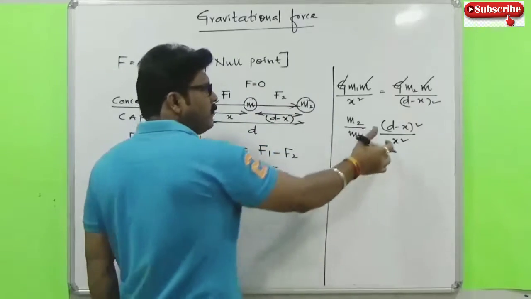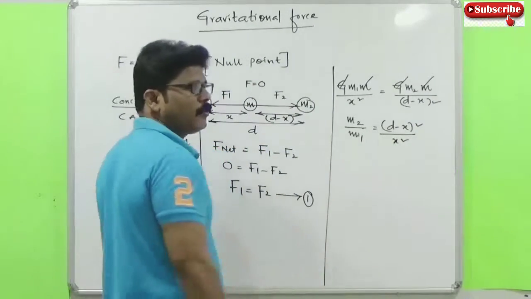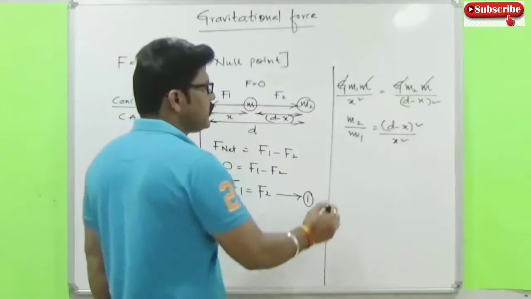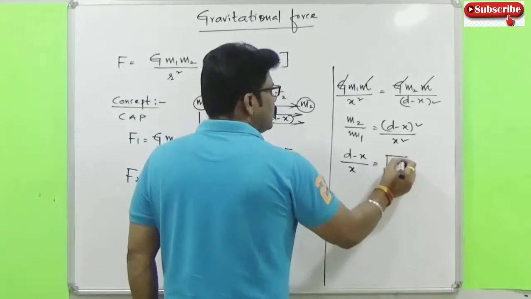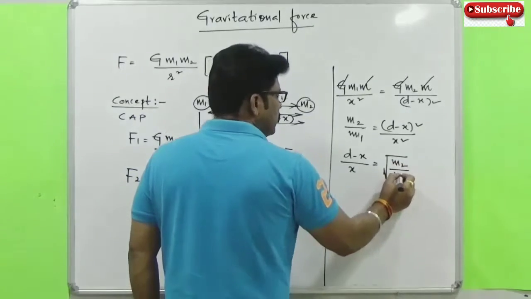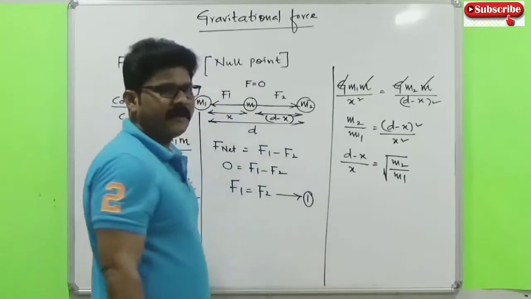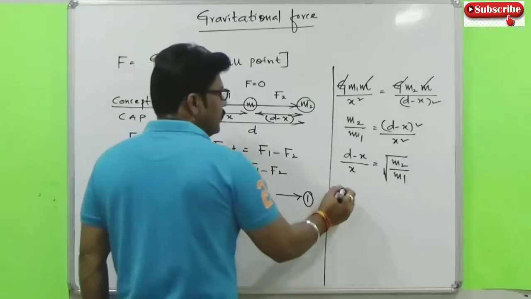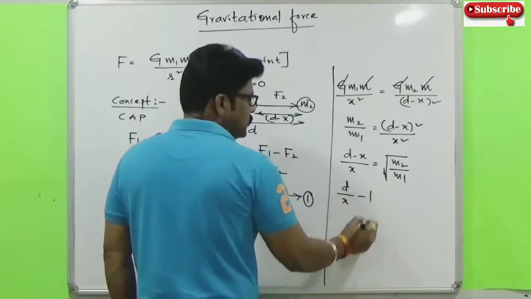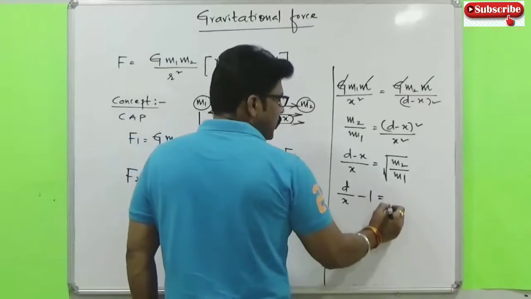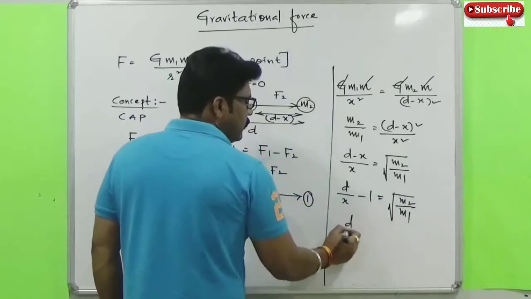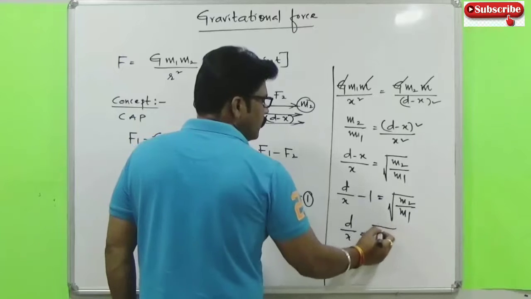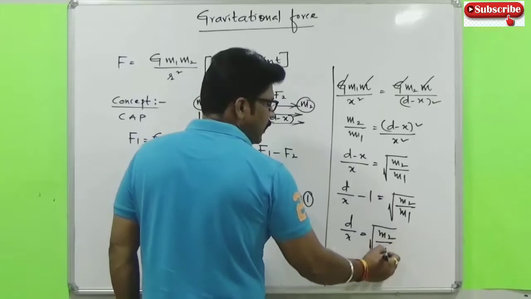If I apply a root on both sides, D minus x by x equals under root of m2 by m1. Now I individually divide: D by x minus 1 equals under root of m2 by m1, or D by x equals under root of m2 by m1 plus 1.